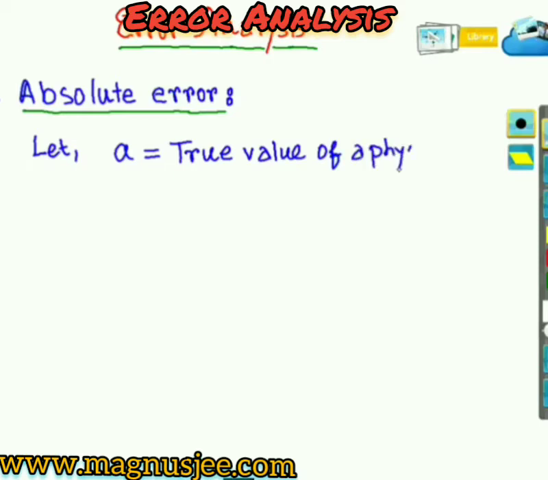Name of the chapter is error analysis. Number one topic is absolute error. Let A equal true value of a physical quantity. True value of a physical quantity.